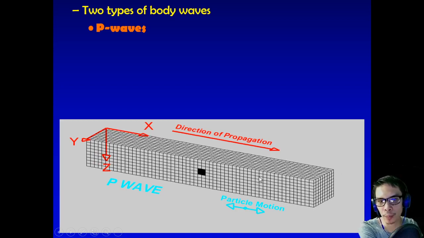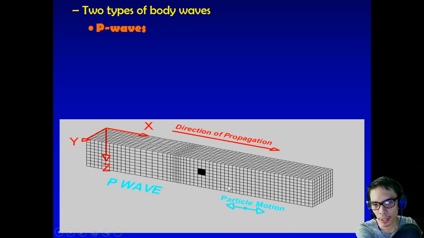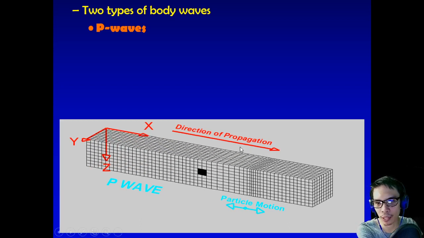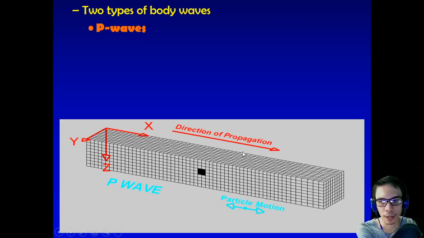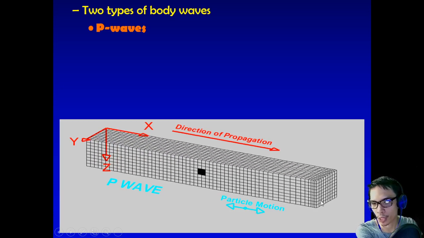The movement under P waves is back and forth, parallel. The particle motion here is parallel to the direction of propagation. As you can see, the rocks expand and compress as the wave travels from one point to another.